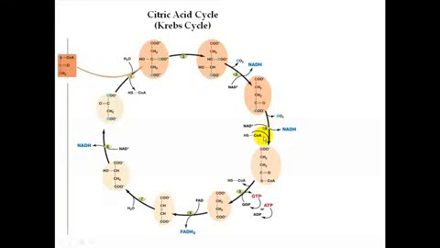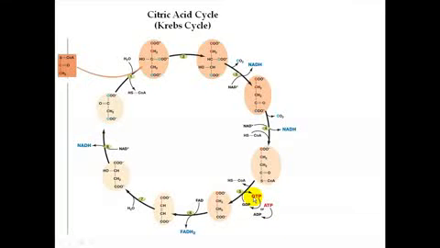Some rearrangements then occur to the molecule after the carbons are removed from it. And during this whole process of carbon removal and rearrangements, these really important molecules of NADH, ATP, FADH, and GTP are produced. So we've talked about what NADH and FADH does, and we talked about why ATP is important.